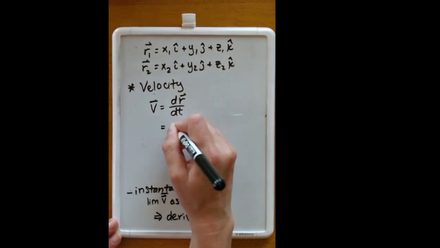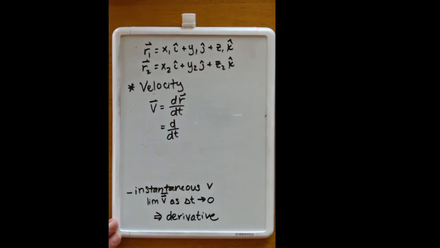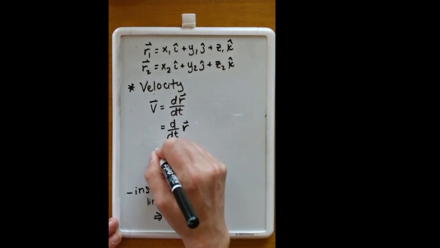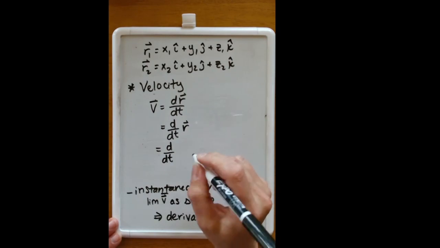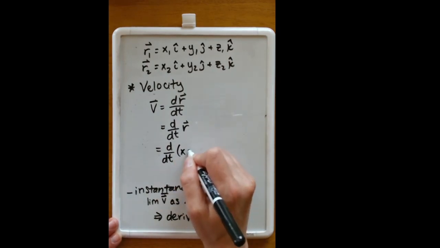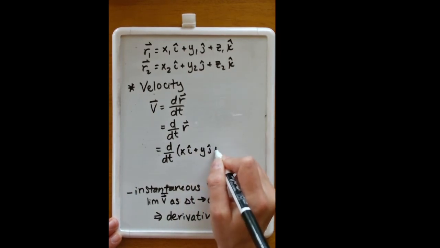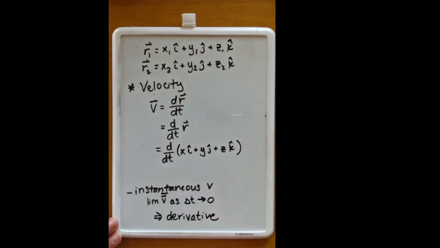And it looks like this. We're going to write d over dt. Again, you'll hear derivative notation said d by dt. d by dt of vector r. So that's d over dt of x in the i hat direction plus y in the j hat plus z in the k hat direction.